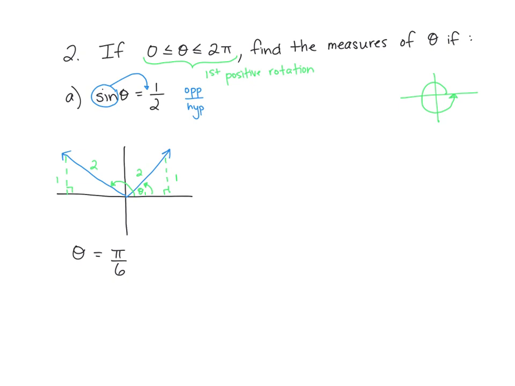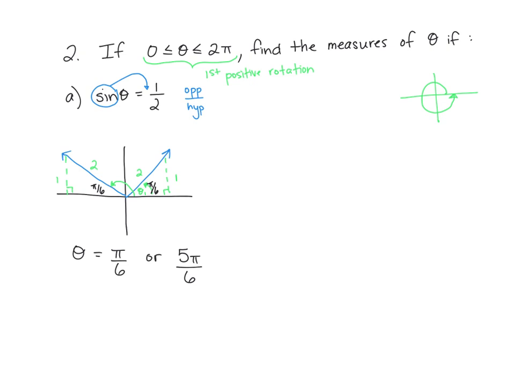So if that's pi by 6, I know my related acute angle is pi by 6, which means I am pi by 6 shy of a pi rotation. So that means my other angle is going to be pi by 6 less than pi, which is 5 pi by 6.